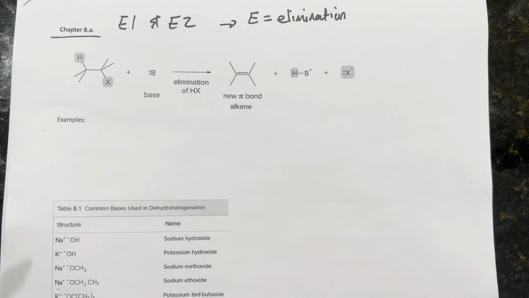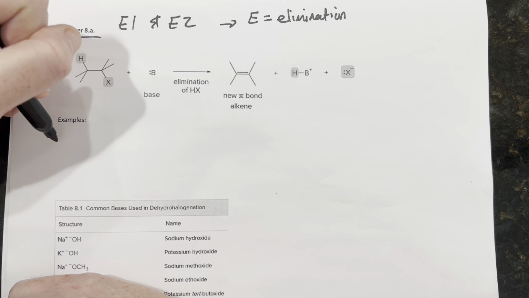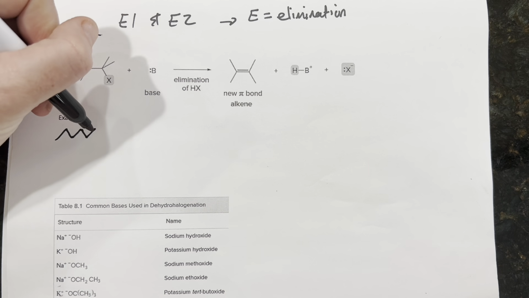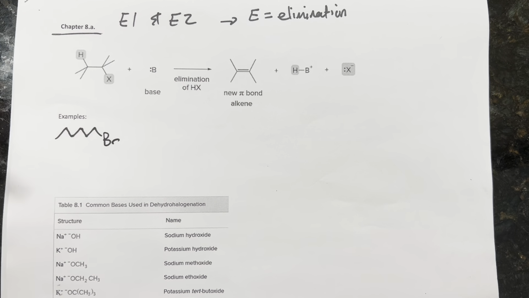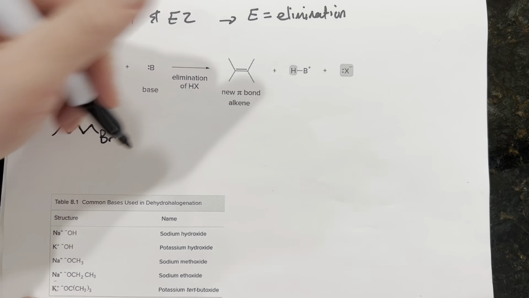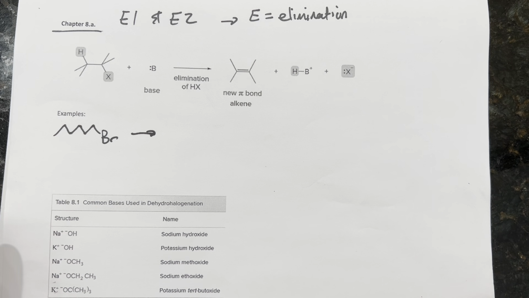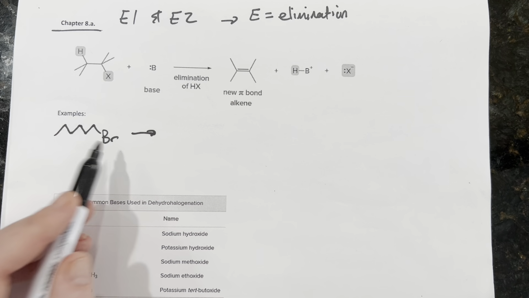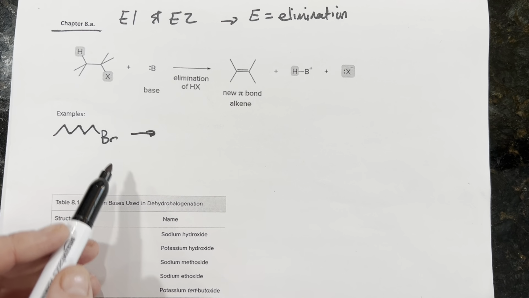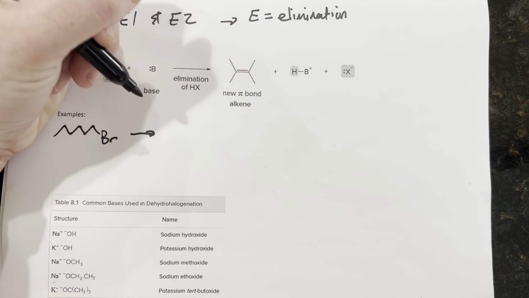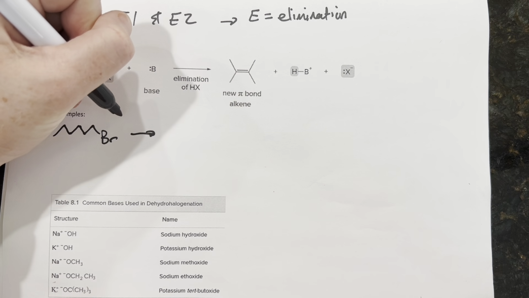So let me give you an example real quick. So let's say we have something like, I'm going crazy here. I don't know why I drew so many peaks, but whatever. And let's react this alkyl halide, because we're all talking about alkyl halides still. For SN1, for SN2, for E1, for E2, it's always going to be a bromine, fluorine, chlorine, or iodine that we're talking about. And this thing is going to react with a base.